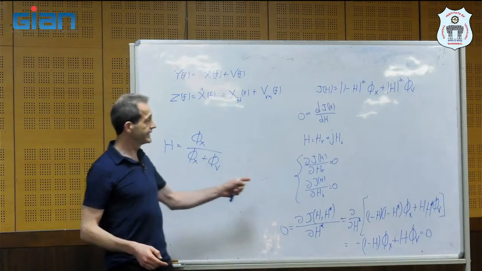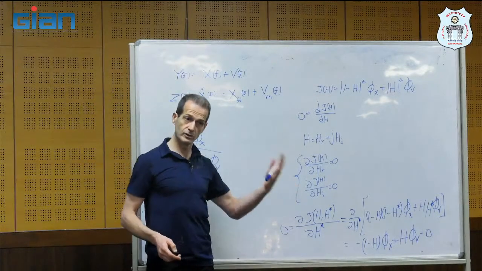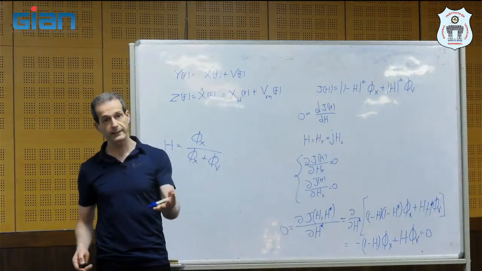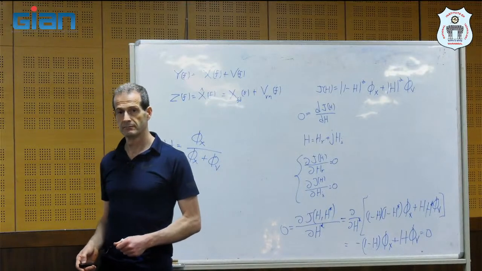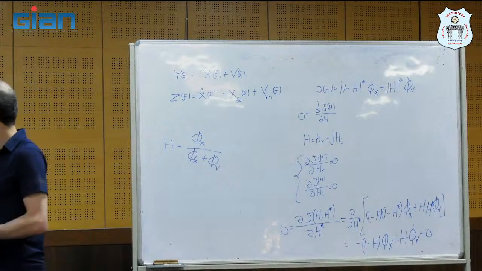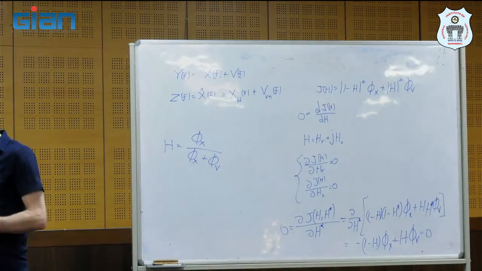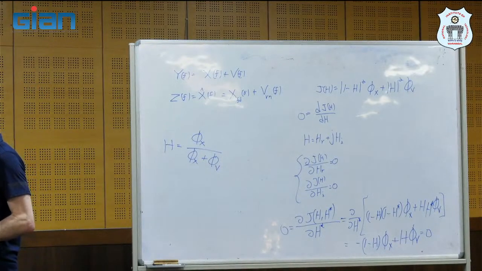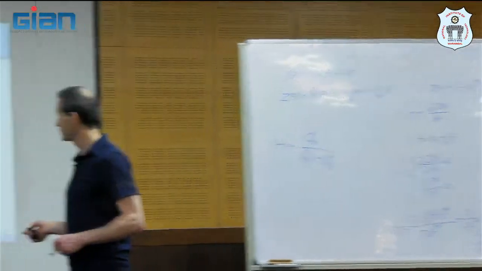So what we find here also minimizes the broadband MSE, because we can work on each frequency independently according to our model, and then the broadband MSE is an integral of the narrowband MSE.